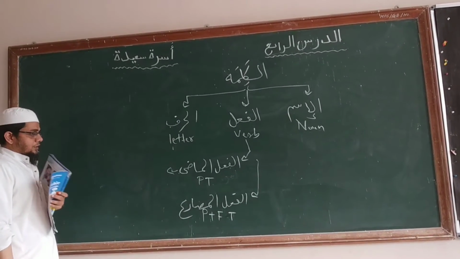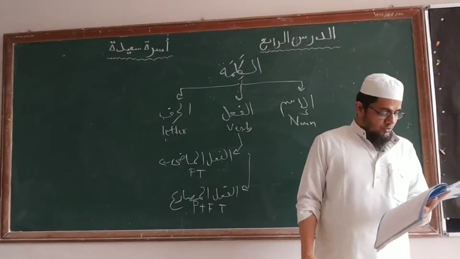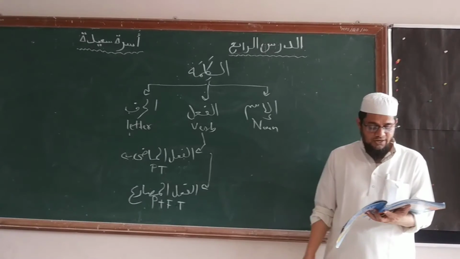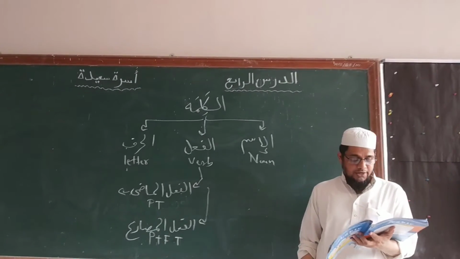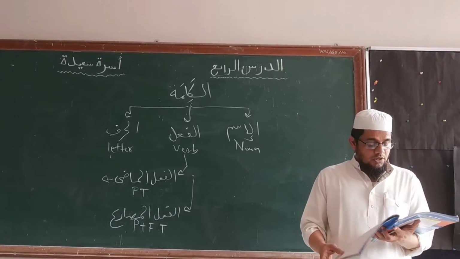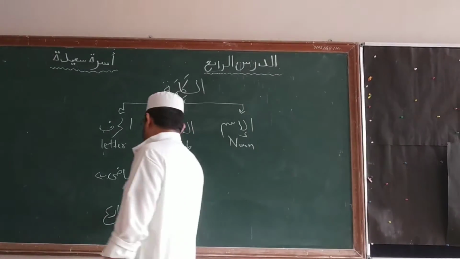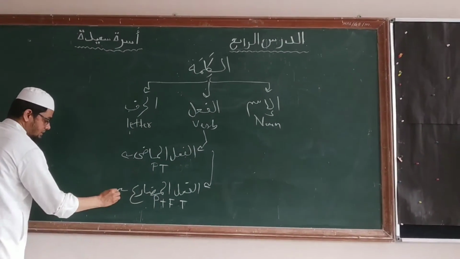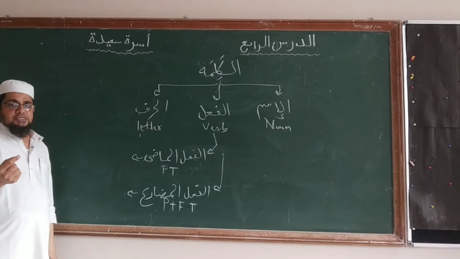Now, in this new lesson, if the book is in your hand, you can see red colored highlights. All of those are fi'l mudhari. Fi'l mudhari is used for present and future tense, but there is a little bit of difference.